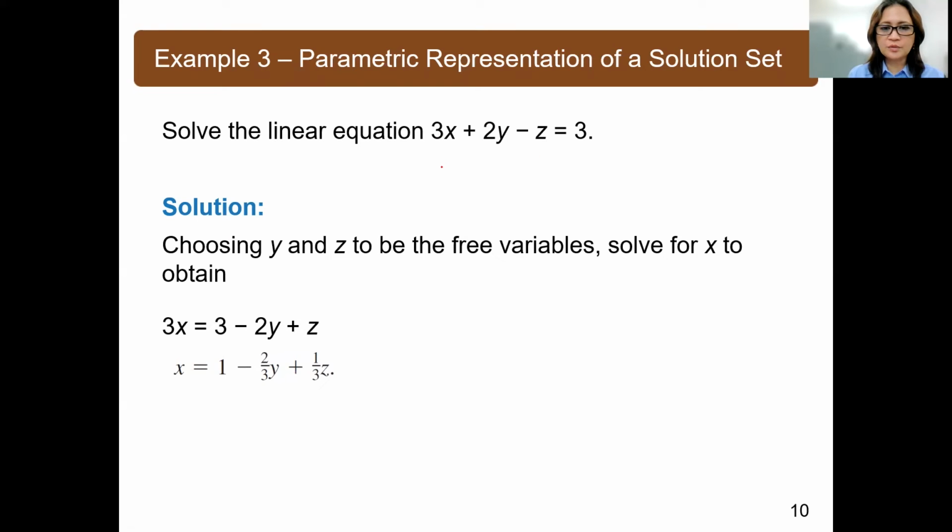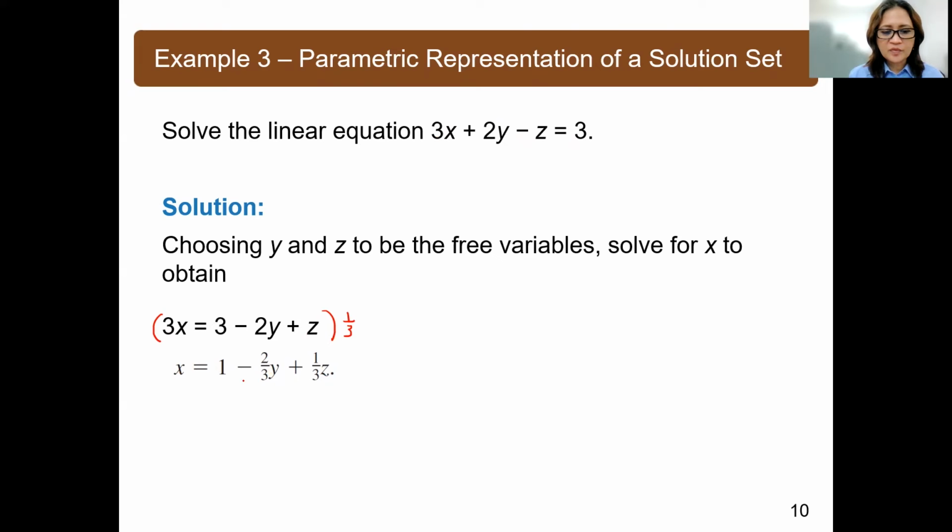So in order to express the solution, we can use y and z as free variables so that x can be expressed in terms of y and z. So let's say I multiply both sides of the equation by 1/3. I will have x equal to 1 minus 2/3 y plus 1/3 z.